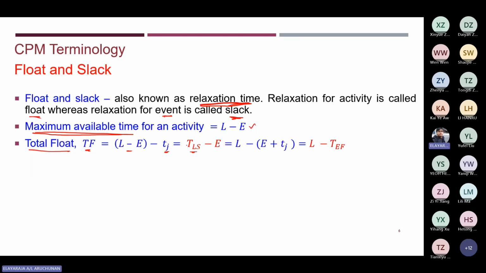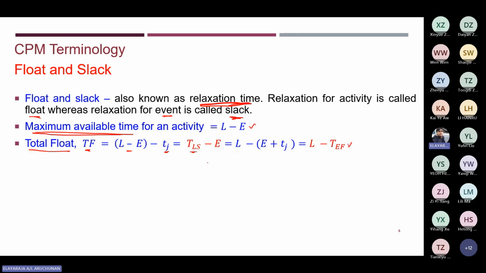So TLS minus E, or we can write it the other way around, L minus E plus the earliest starting time plus the duration of the project, or we can express it in this form: latest finishing time minus earliest finishing time.